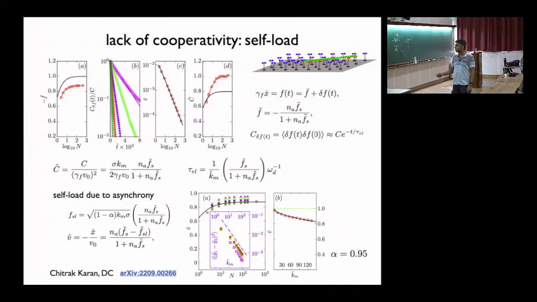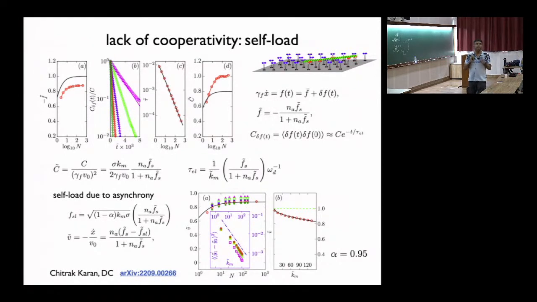This quantity alpha here is sort of a fitting parameter, but if alpha were equal to 1, then all the motors are moving in synchrony. What we figured out is that this discrepancy goes away the moment I incorporate an alpha, and the value of alpha that comes out is 0.95.